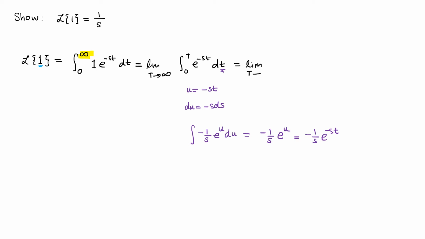Okay, so we're taking the limit as T goes to infinity of negative 1 over s. To help us understand this, I'm going to put the power in the bottom, e to the st, and then minus negative 1 over s e to the s times 0.